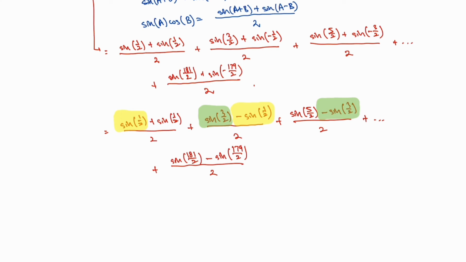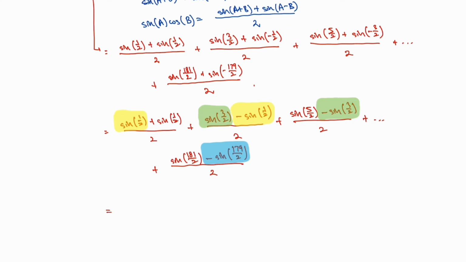And this will continue all the way through the term. So sine of 5 over 2 will be cancelled all the way up until this last term. And this last term, negative sine of 179 over 2, will also be cancelled with a positive version as well. So this is what I meant by the telescoping series. Only the start and the end are left.